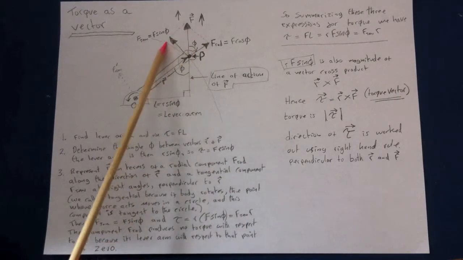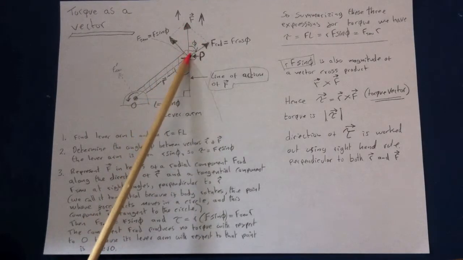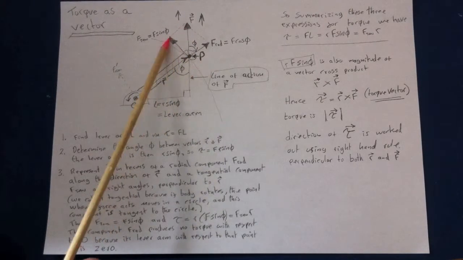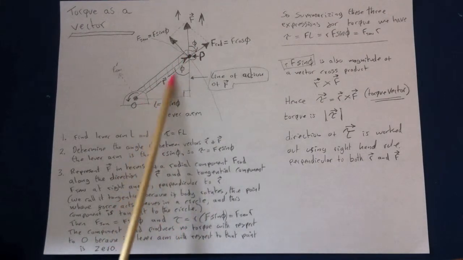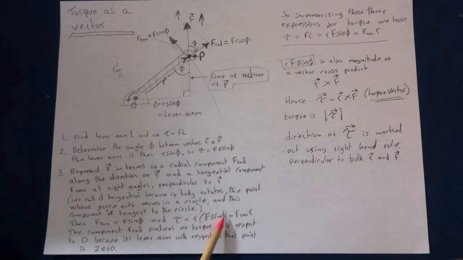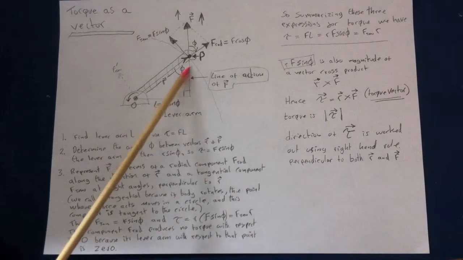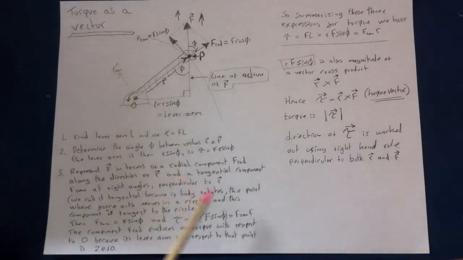So that's that component, same as there. You can get that from the angle. And torque then is equal to the distance r times F sine theta, which equals F tan times the distance r.